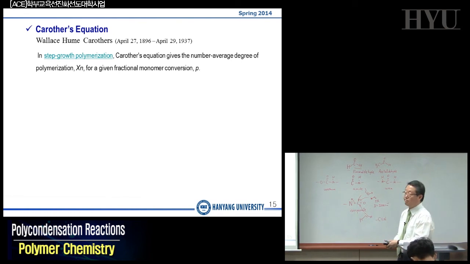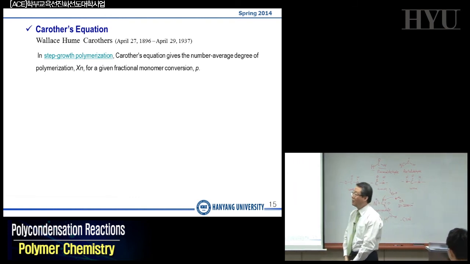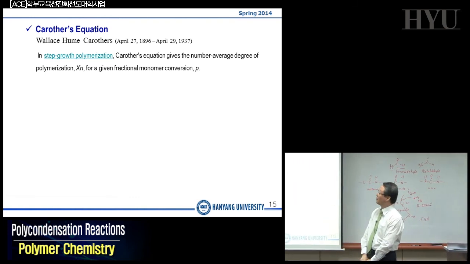So this was the Carothers concept, and I would like to introduce you to the Carothers equation. Carothers is not alive; he died on April 29, 1937, and he was born in 1896.